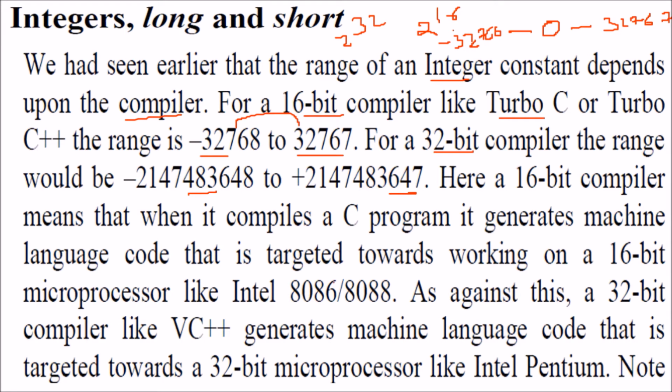So whenever we are dealing with, say, 16-bit microprocessor like this Intel, so this C program, when it generates machine language code, this is targeted toward working on a 16-bit microprocessor. As we said, 8086, 8088. But if you are making program in VC++, the 32-bit compiler, this generates a machine code which is targeted towards 32-bit processor like the Intel Pentium.